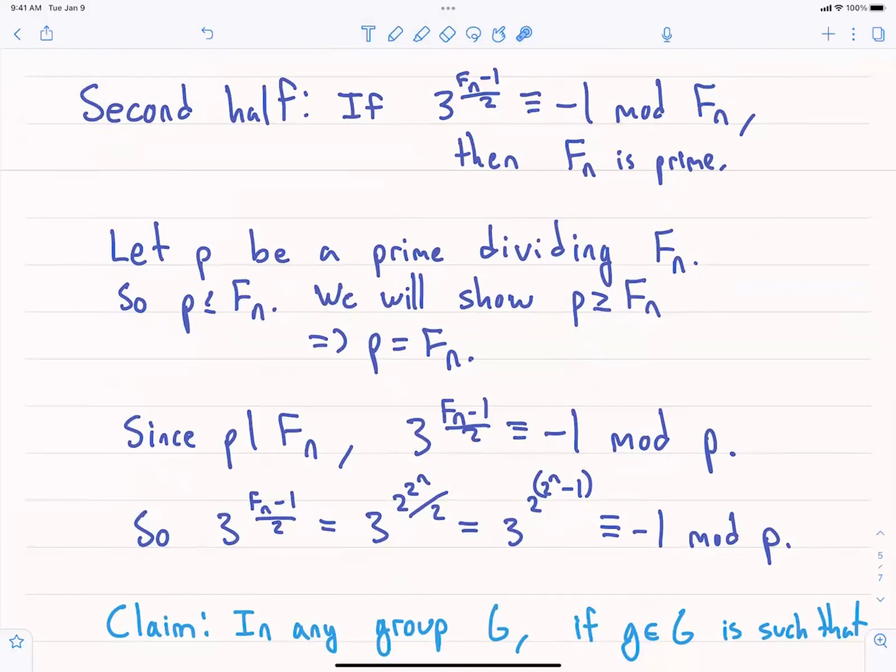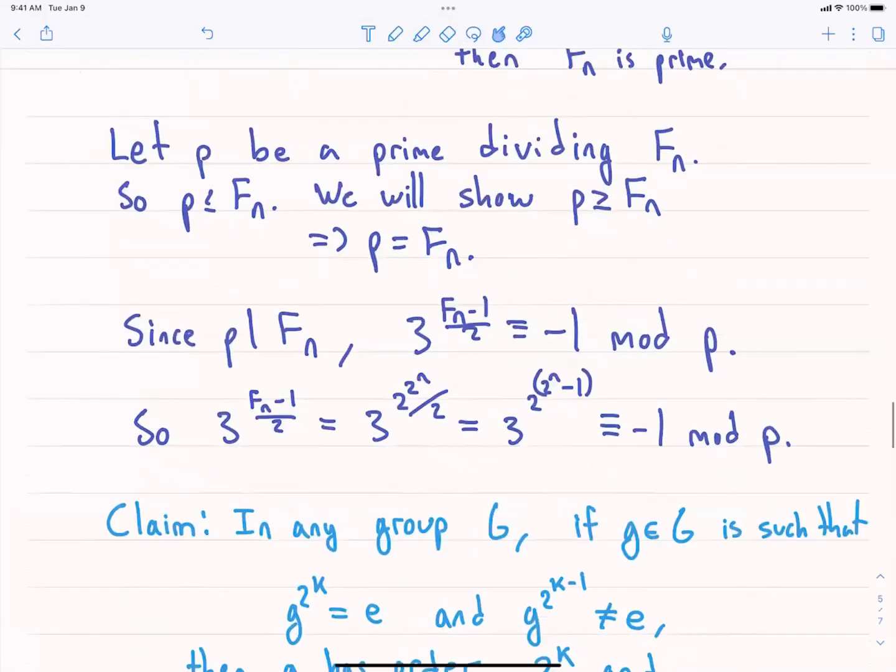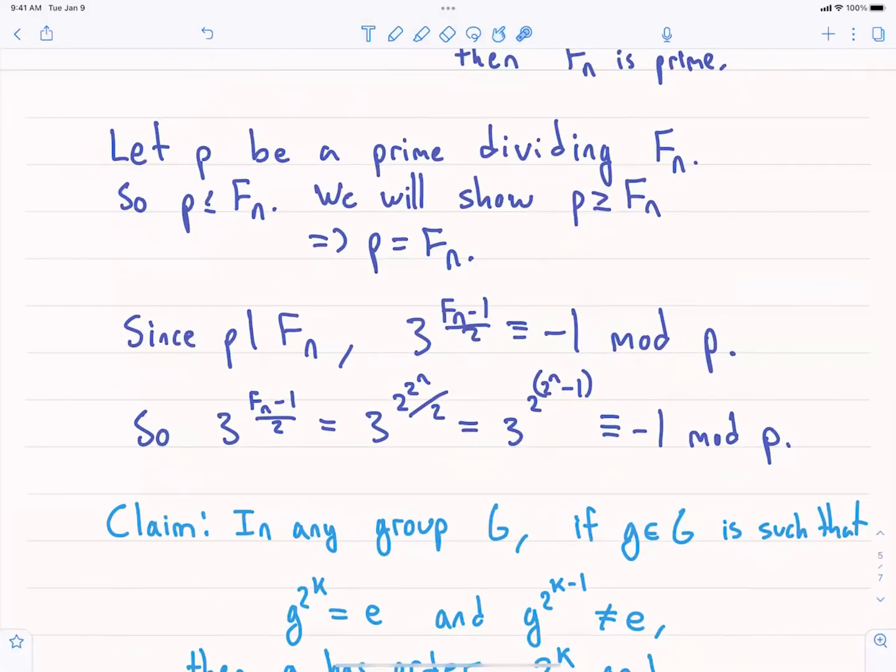And this is nice because even though we didn't assume Fn was prime, now we're able to work with an equation modulo a prime, and that's somewhere where we have some tools to understand things. So let's rewrite this equation. This says that 3 to the (Fn - 1) over 2 is equal to 3 to the 2 to the 2 to the n over 2.